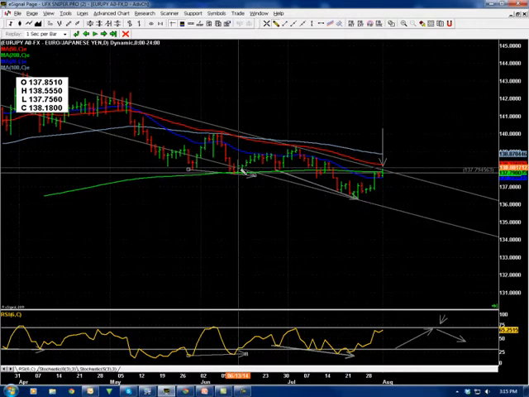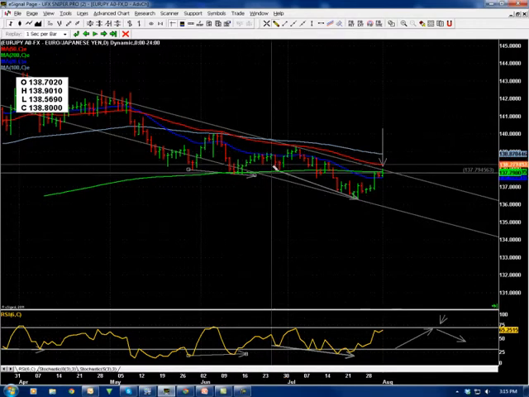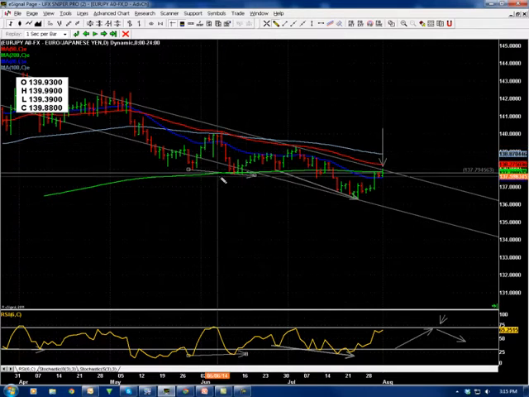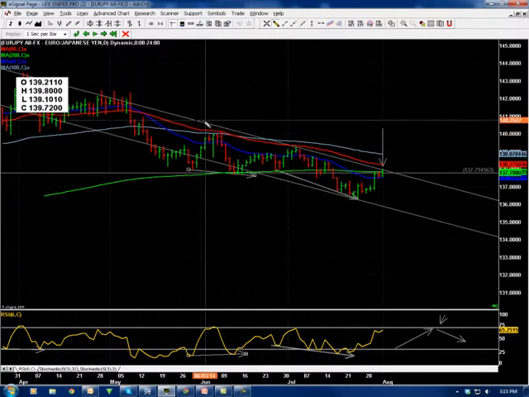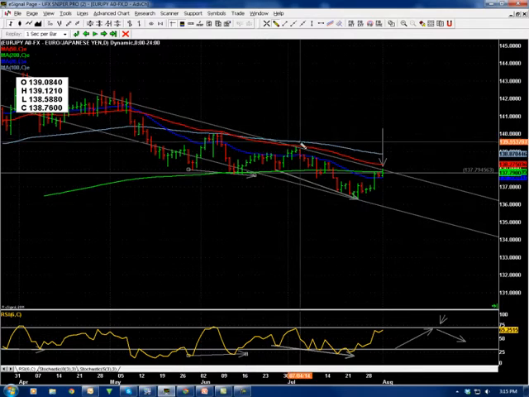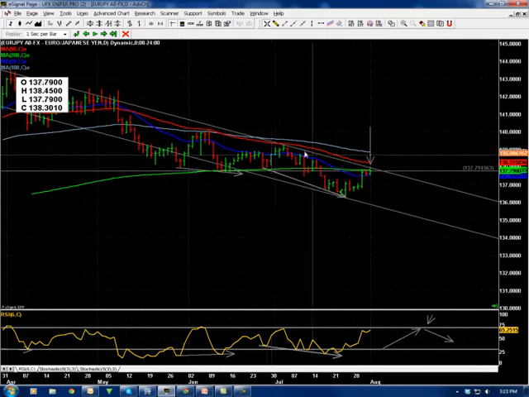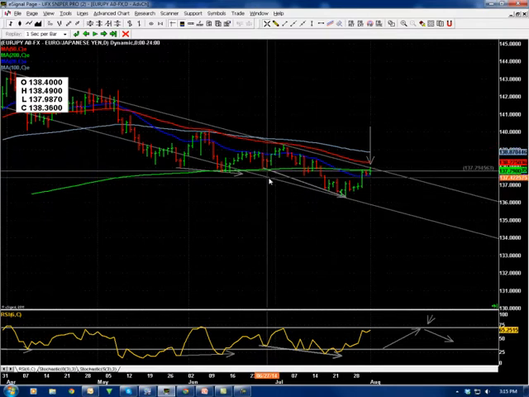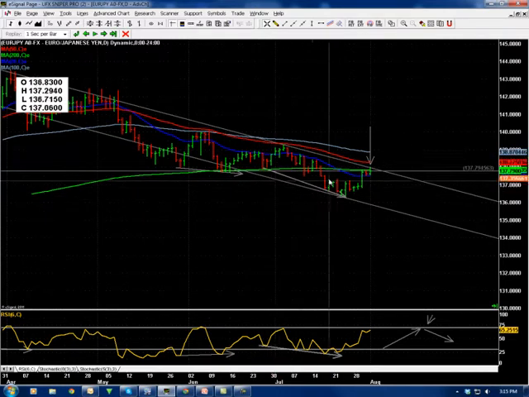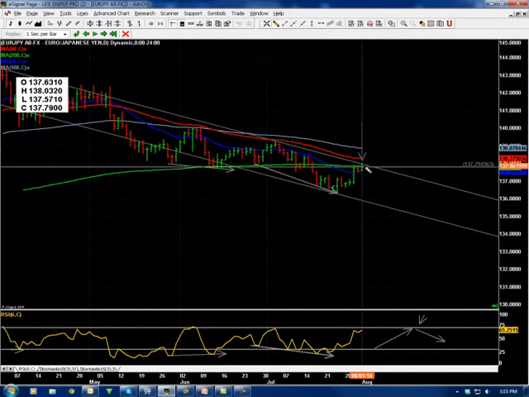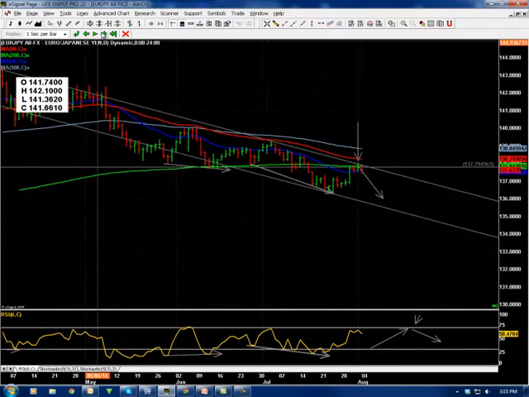It does retrace, then it goes back down, fails to take this low out, and then pushes back up a little bit, towards the EMAs. And then on the next one, it gives some convergence in the direction of the trend, so they're both pushing down nicely. So you'll be expecting a move like that to the downside.